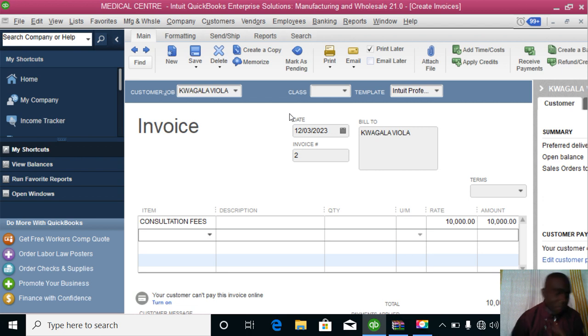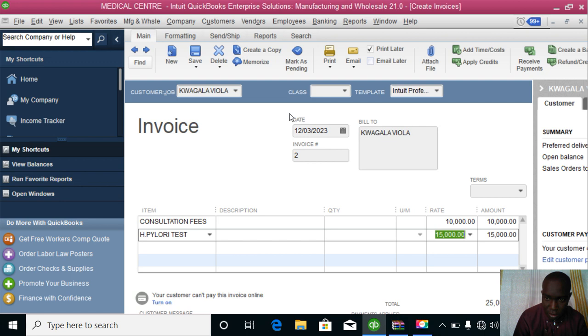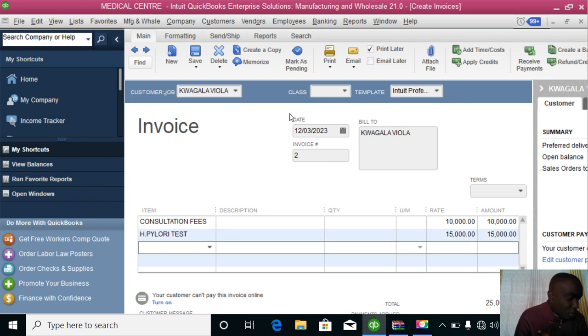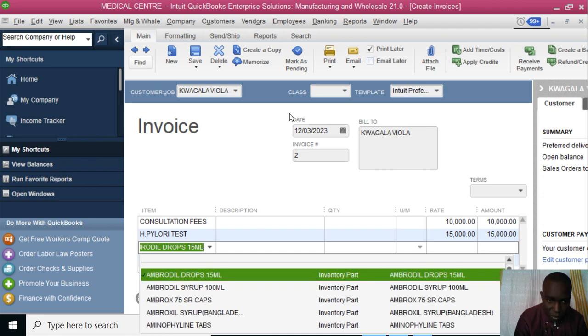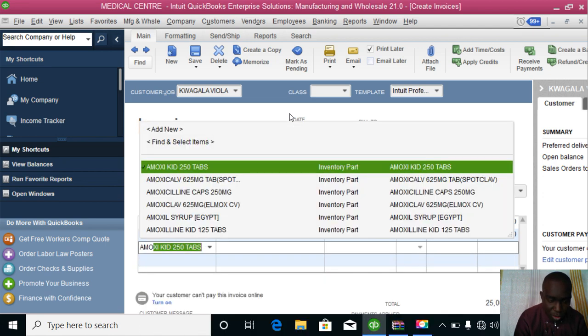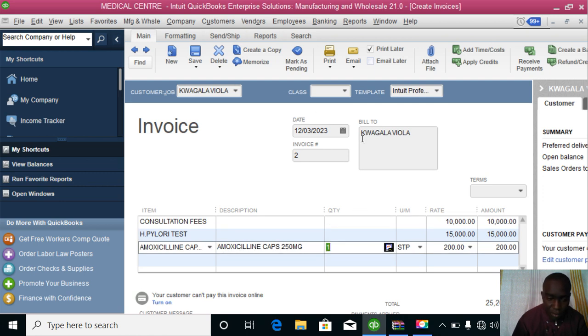It's 10,000. Then we shall do some tests for this patient. We shall do H. pylori test. Then we shall give medicine. Then the prescription comes in. Amoxicillin, we are giving 30 capsules.